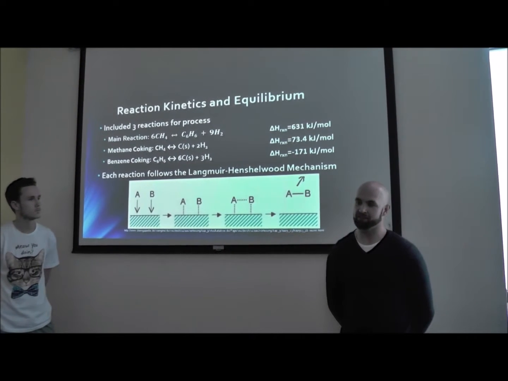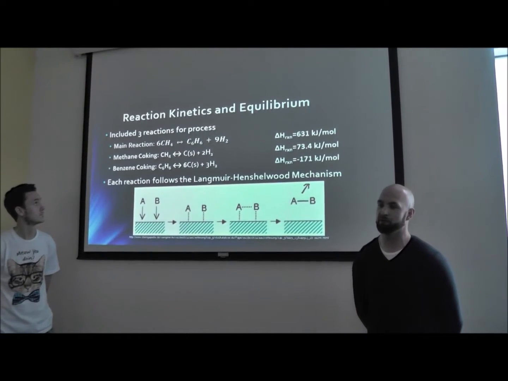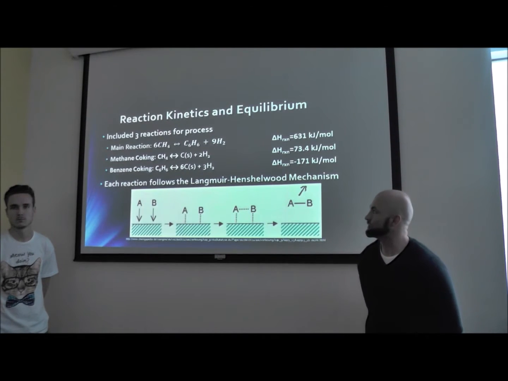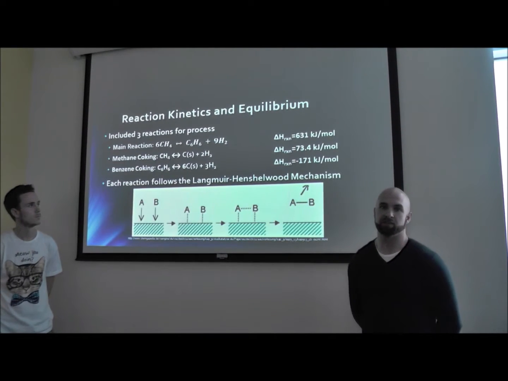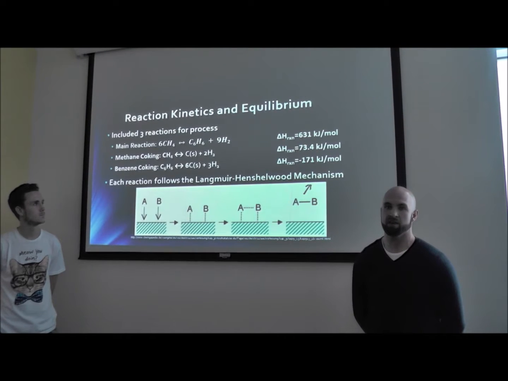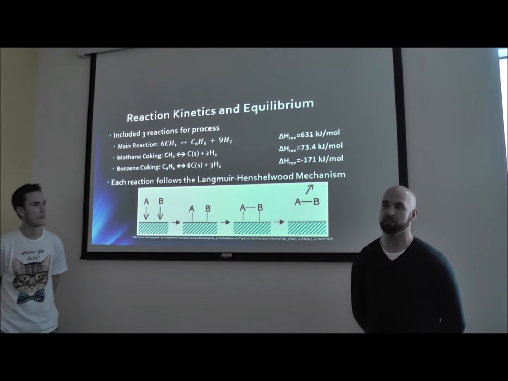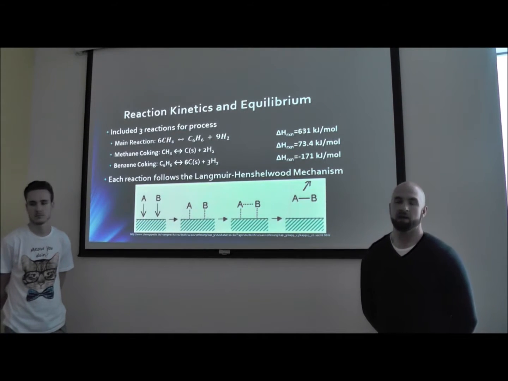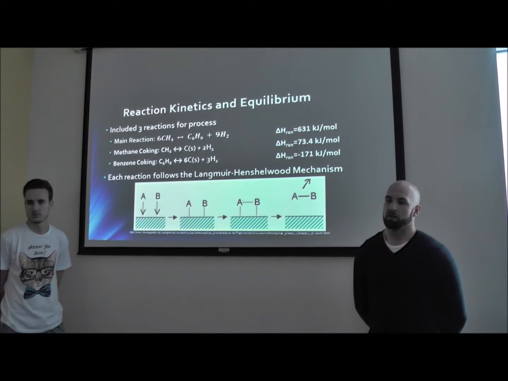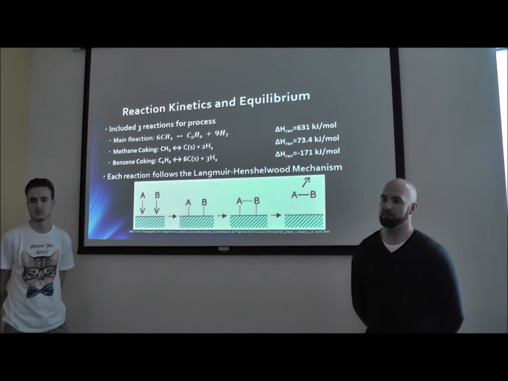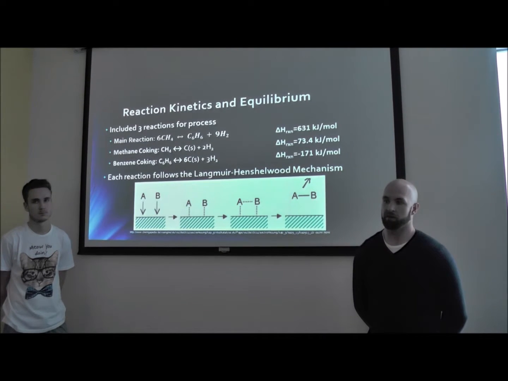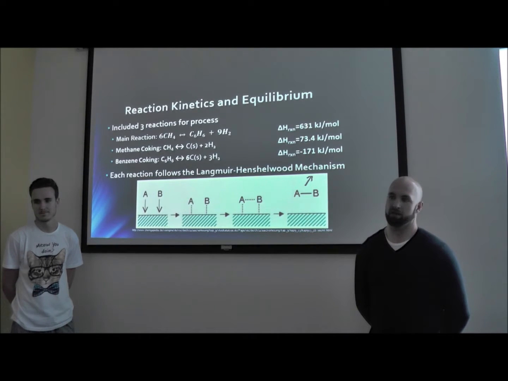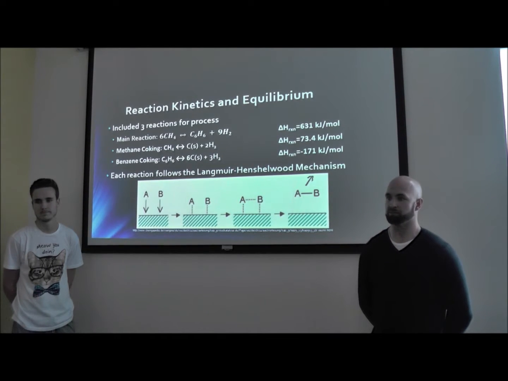So next we'll discuss the reaction kinetics and equilibrium. First at the top we have our main reaction, which is methane converting to benzene with some hydrogen production. As you can see from the heat of the reaction, this is an endothermic reaction, so it requires heat. For our two undesired reactions, we have the methane and benzene coking, as we call it, when they are converted to solid carbon and hydrogen, basically decomposing.